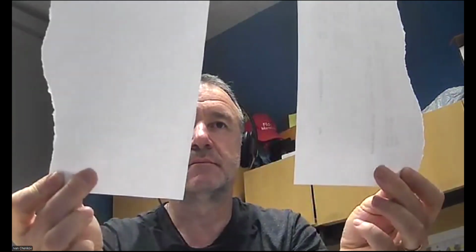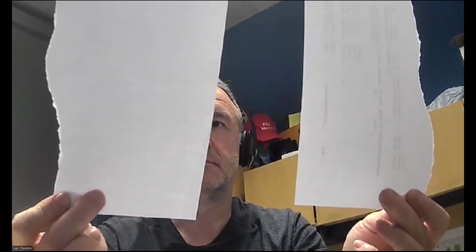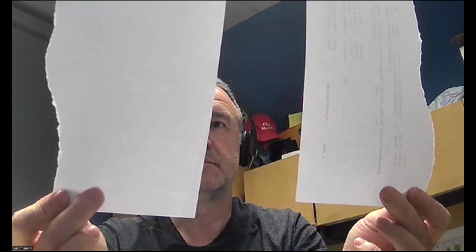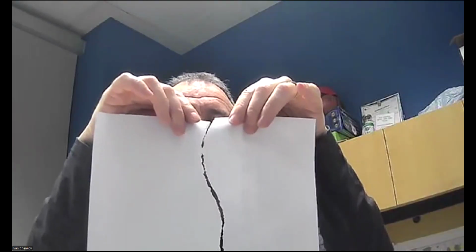So pretend that this is a share. If I want to split this share by two, what are you going to do? There you go. Now I have two shares. Imagine the whole share's market price was $20.